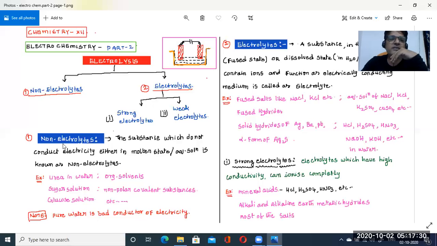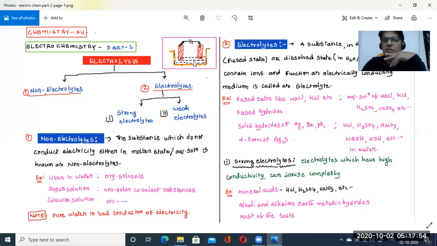Now let us first learn about non-electrolytes. The definition is already hidden in the word itself. Non-electrolytes means not electrolytes. So what does that mean? The substances which do not conduct electricity. Here this is the electrolyte.